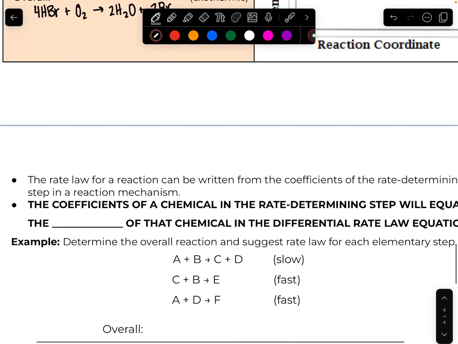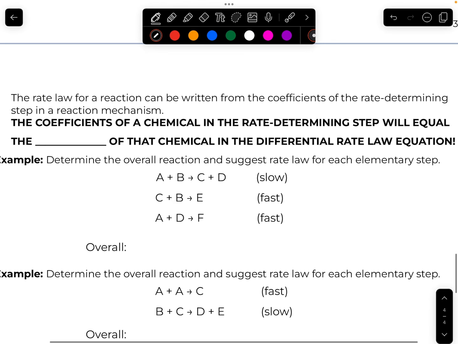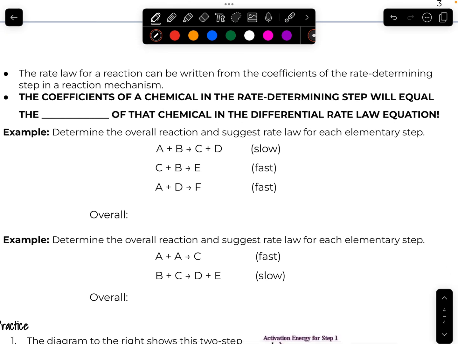Good to go. Okay, so how can we use this information about the rate determining step, our slow step, to help us out? Remember how I told you the only way to determine the rate law for an overall reaction was from experimental data? That is still true. However, the good news for us is that for an elementary step, you can infer the rate law for a reaction from its stoichiometric coefficients.